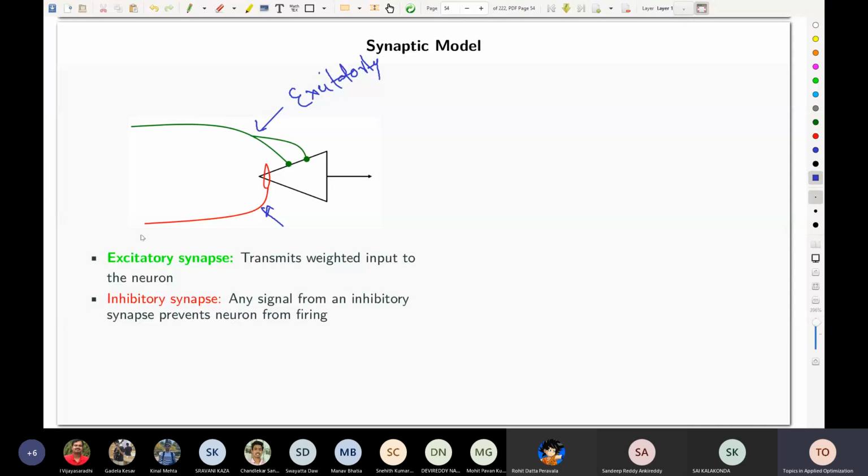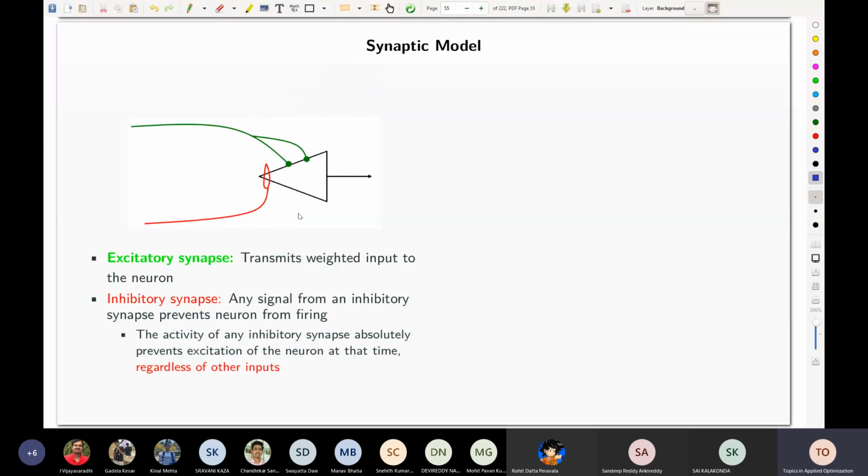Any signal that comes via this will stop the neuron from firing or processing. Here firing means processing, and an excitatory synapse will allow the neuron to actually transmit the weighted input. Both have opposite functions here.